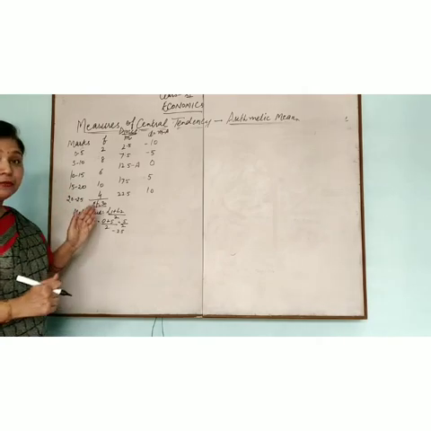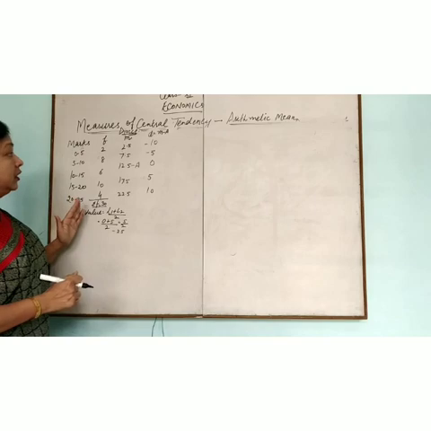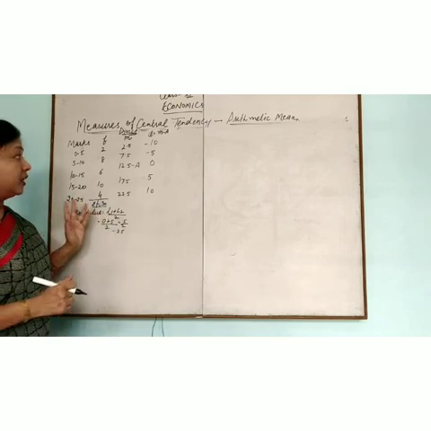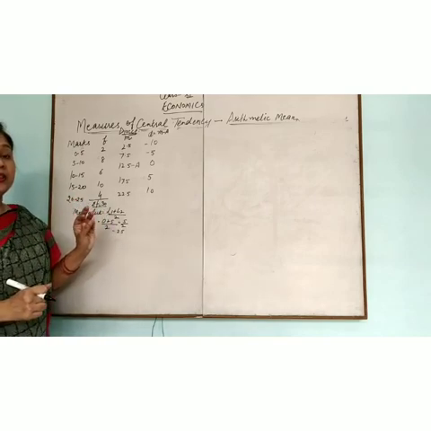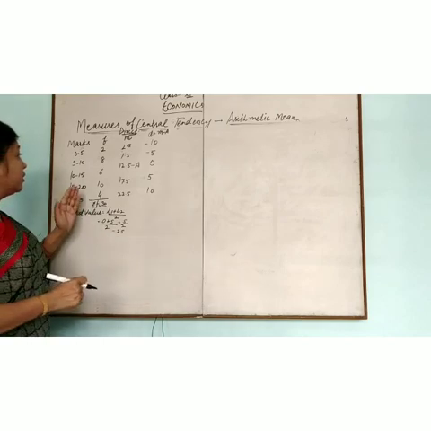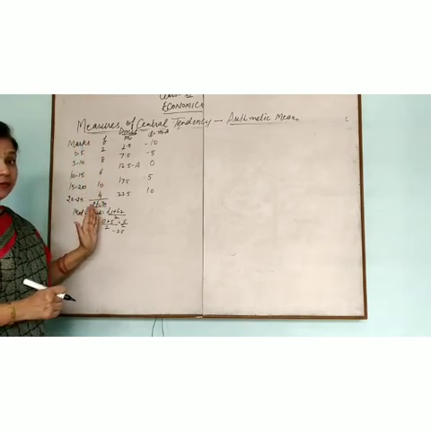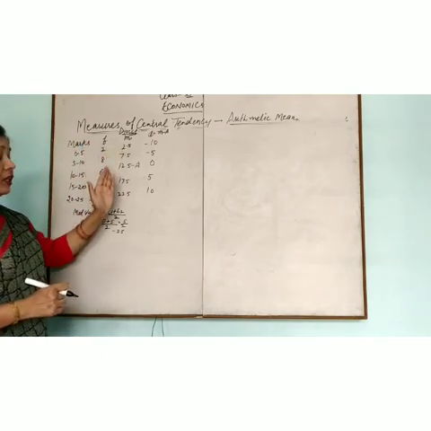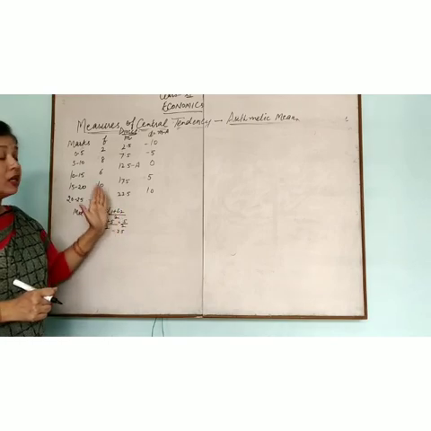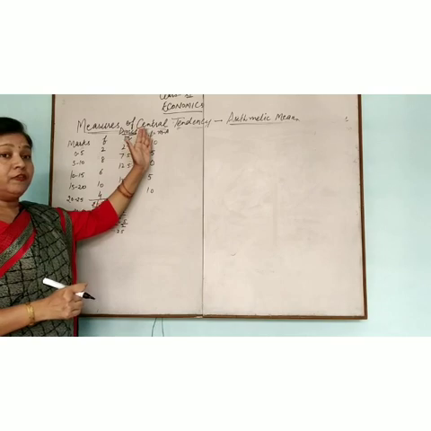Now the same question we can solve using the step deviation method. How can we calculate the arithmetic mean using the step deviation method? Here marks are given and frequency is given. First of all, we will calculate the mid value. After calculating the mid value, we will calculate deviations.